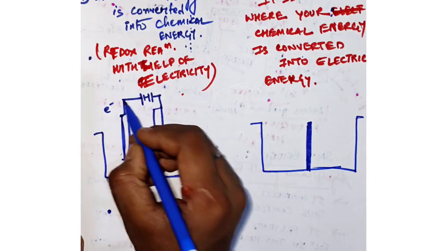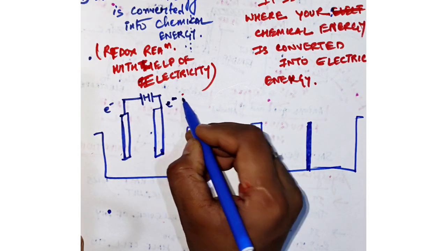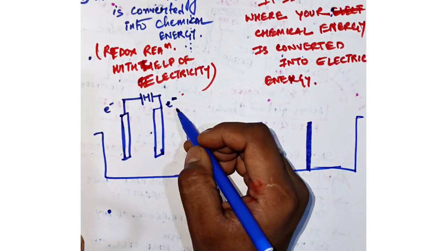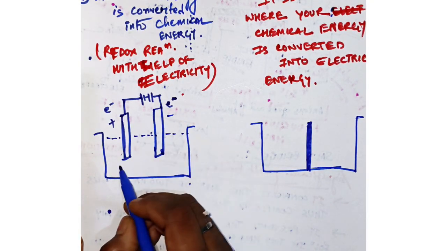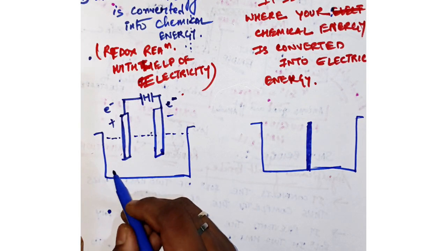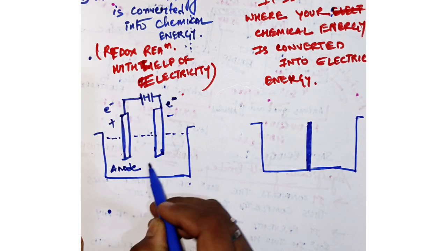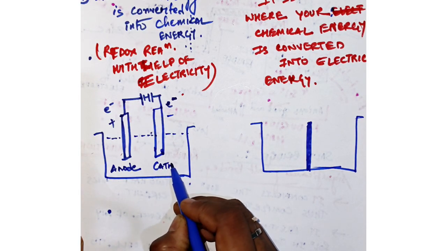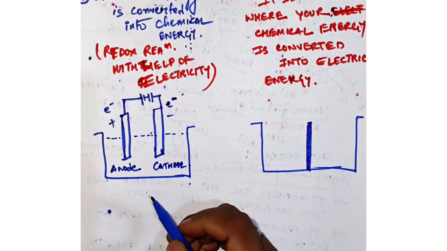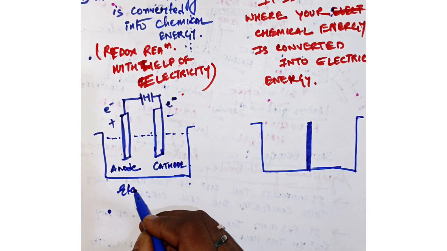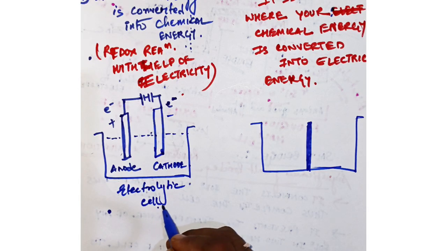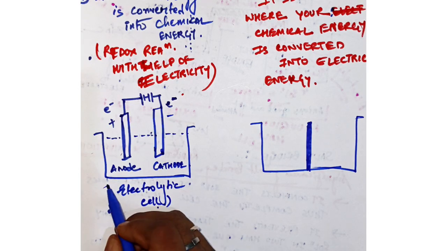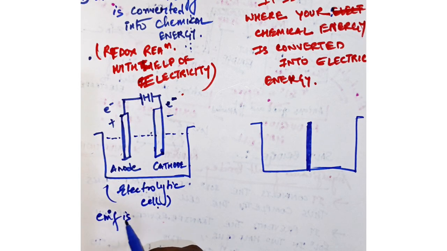Electrons are there on both sides, this is positive, this is negative. So the positive is the anode, this is the cathode. In the electrolytic cell, EMF is applied to the cell.